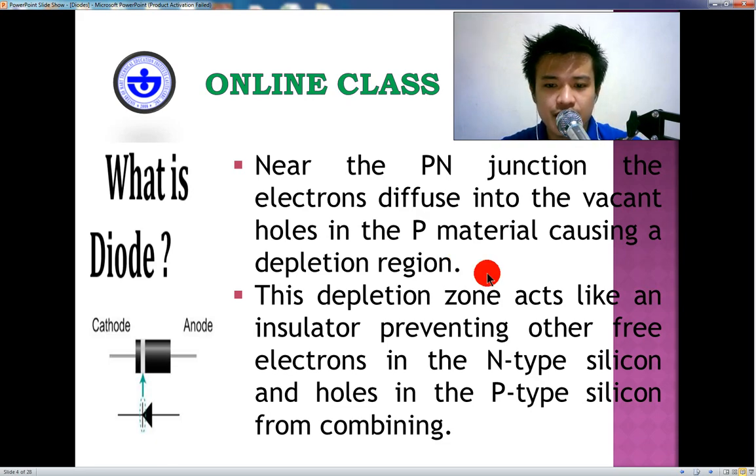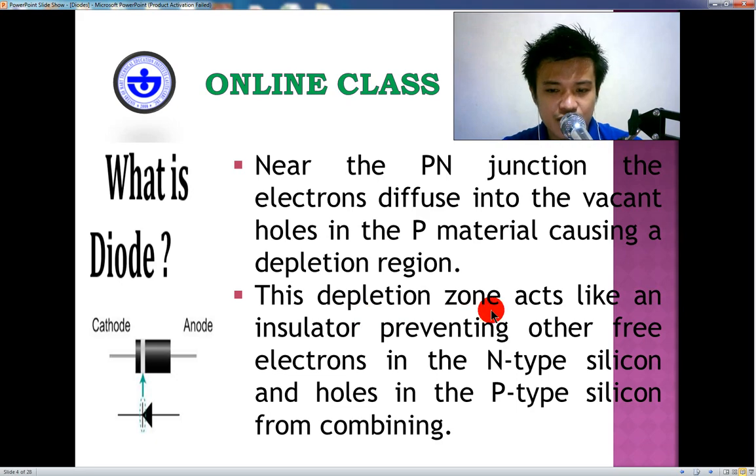Yes, when your diode is connected in reverse bias, it will block the flow of current. That's why a diode is defined as a semiconductor device that will only allow current to flow in one direction, because when it is connected in reverse bias, it will form a depletion region, and this is responsible for blocking the flow of current in the other direction.